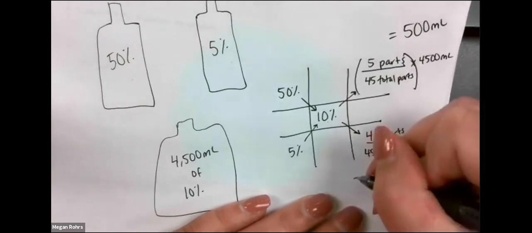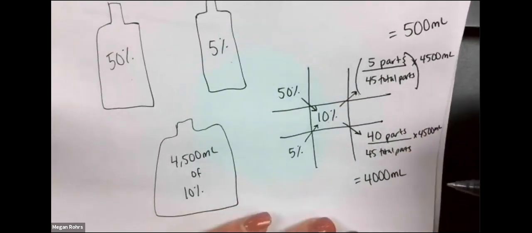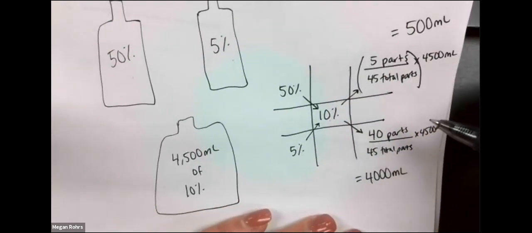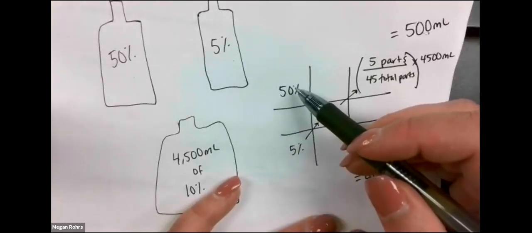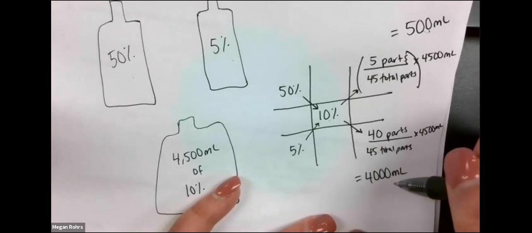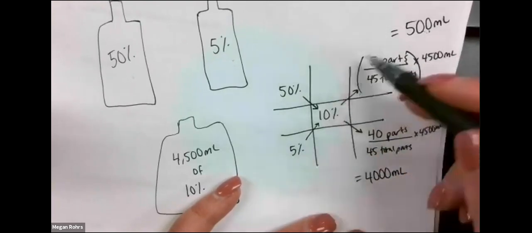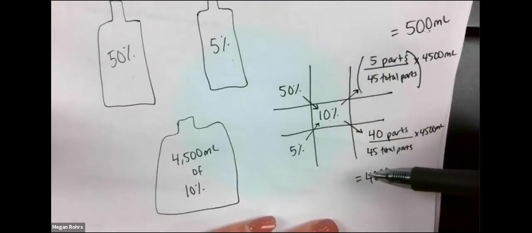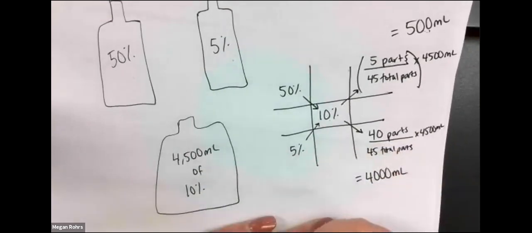So roughly 4,000 mils. Okay, so what that means is I need 500 mils of my 50% solution and 4,000 mils of my 5% solution. We're going to combine those together to make 4,500 mils of a 10% solution, okay?